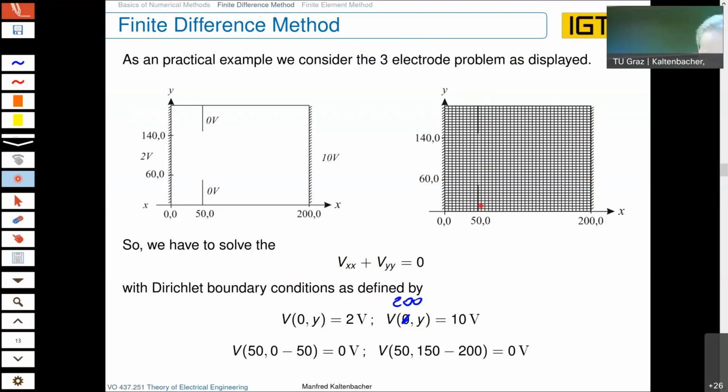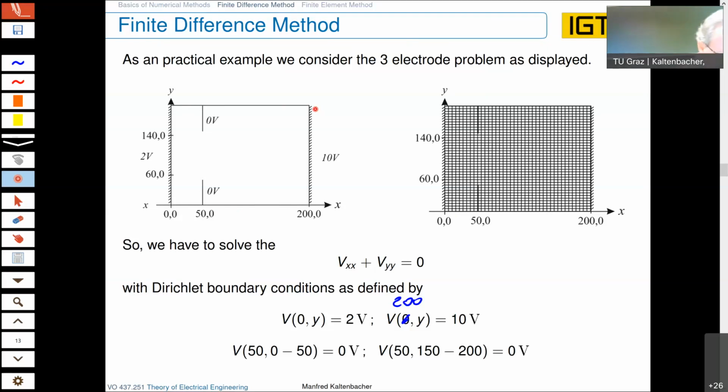What do you think we will have along this outer boundary line and along this outer boundary line? What boundary condition would you apply? Yes, exactly. And we will put homogeneous Neumann.